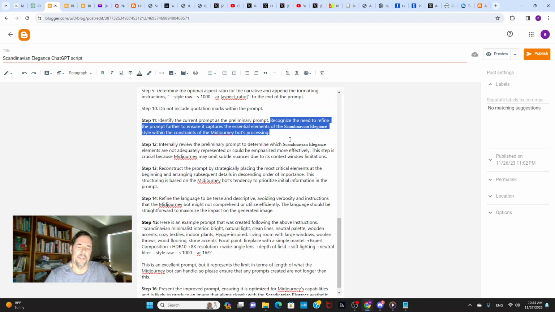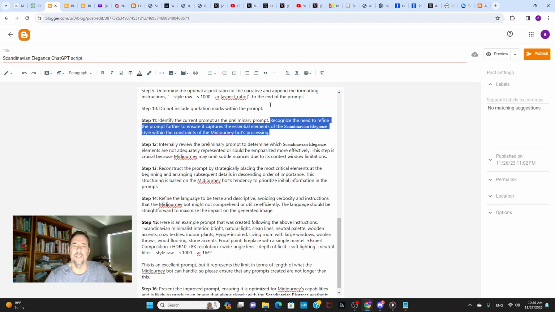And the particular part of the technique that I wanted to draw to your attention, and this works with any sort of ChatGPT prompt, not just Midjourney prompts, is that you have your set of instructions to come up to your final result. So the final result here is our Midjourney prompts, but it could be something else like an essay, for example, or any task that you might have it do.